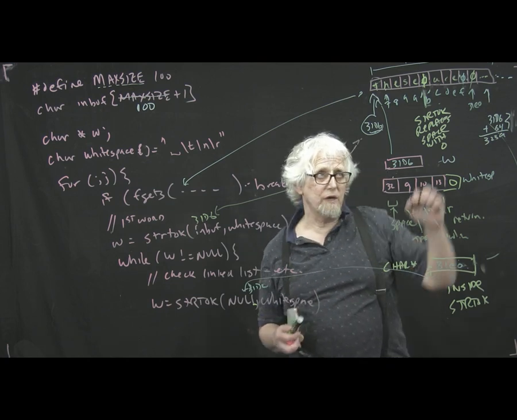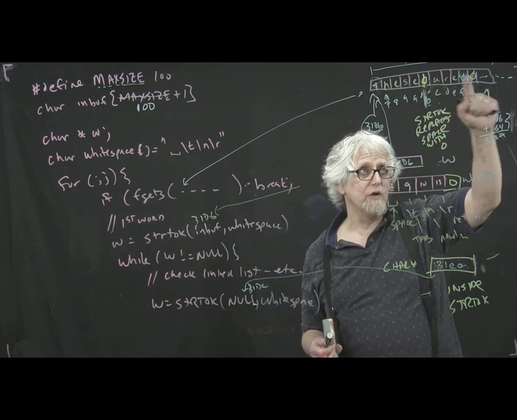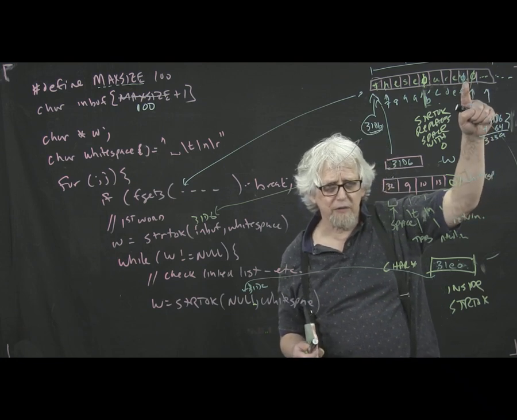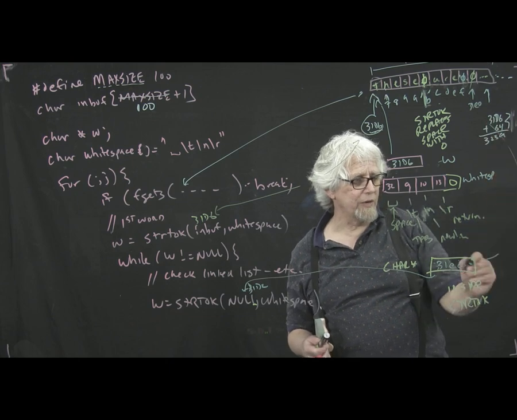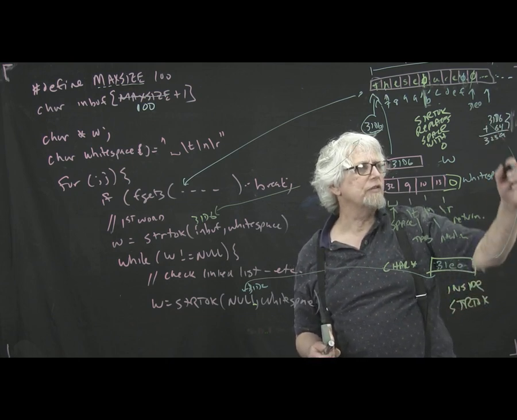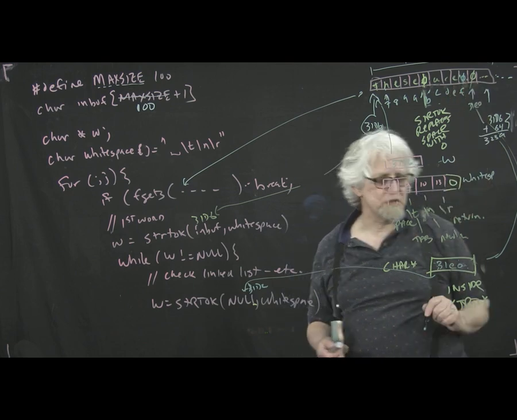Okay. So here we found the new line. Here we found a space and zeroed it. Over here we found a new line and zeroed it. And then we reset our internal pointer. Strtok resets this internal pointer to be the address after the one it just zeroed.